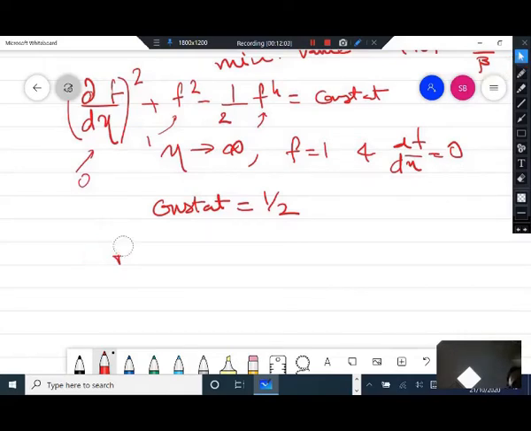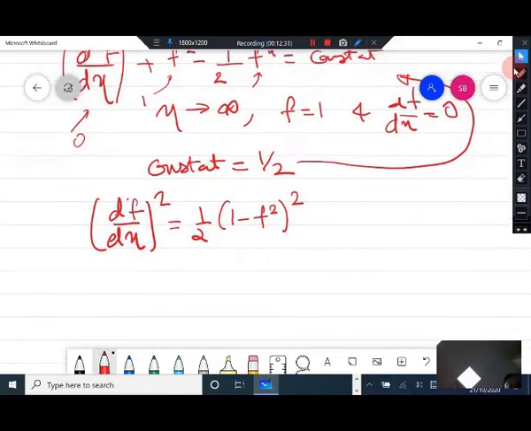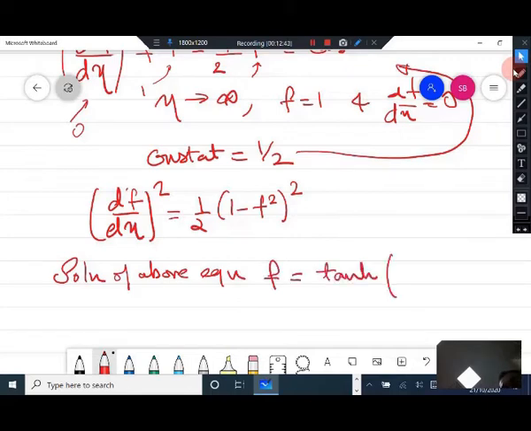Based on this expression you will get df by d eta the whole square is equal to half of 1 minus f square the whole square. If you substitute this constant out here and rearrange the terms, then you can write f square minus half f raised to 4 equal to half, which can be rewritten like this. The solution of the above equation is f is equal to tan hyperbolic eta by root 2.